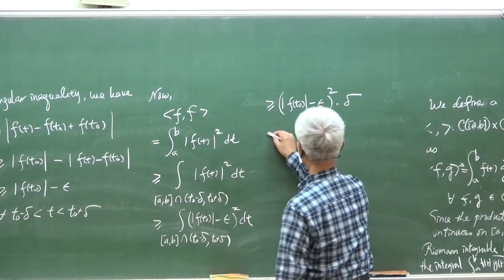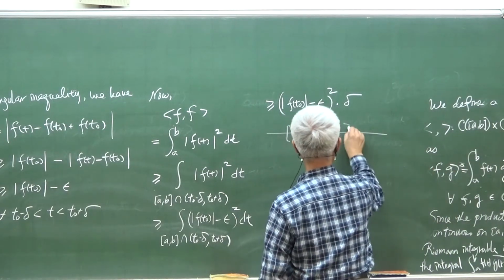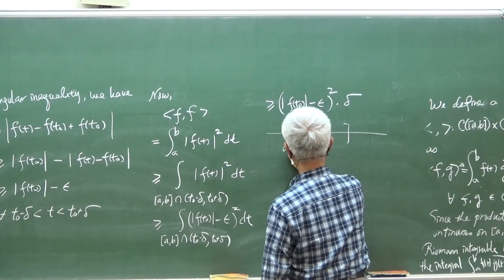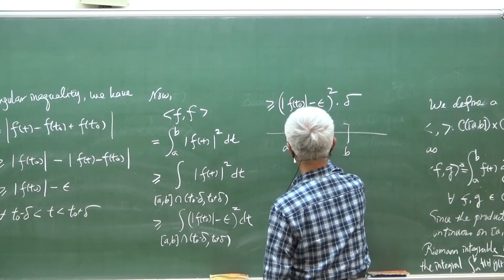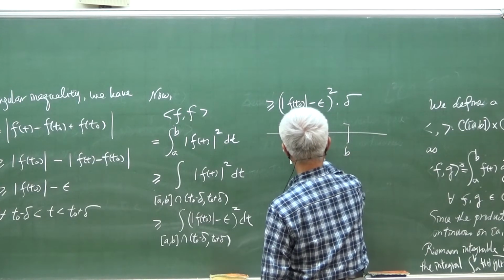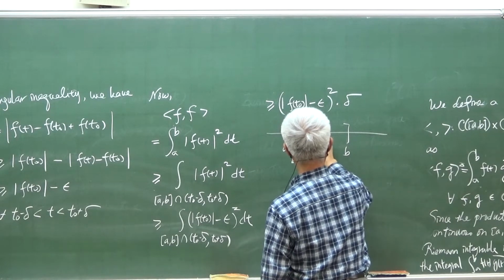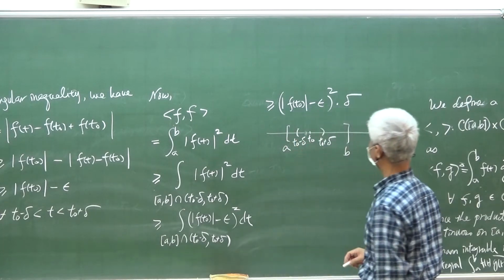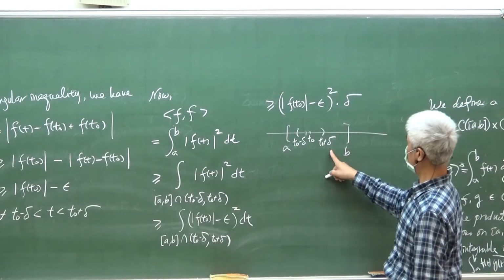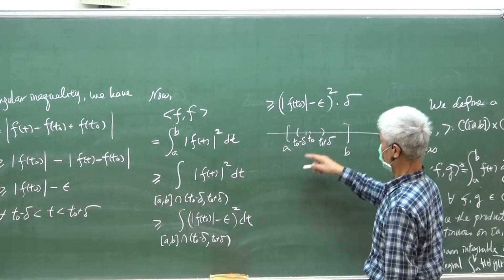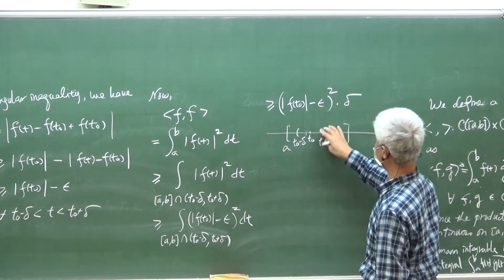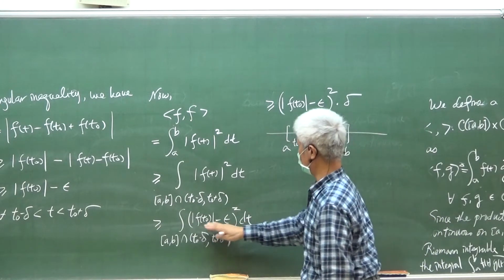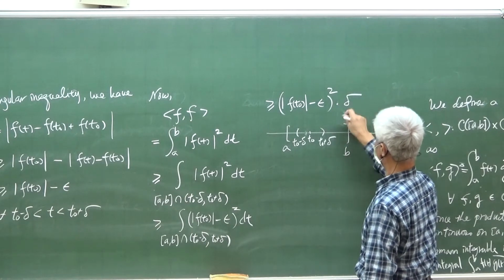Because there are three possibilities. [a, b] is here, and we have t0 minus delta, this is t0, this is t0 plus delta. In this case, the integral would be this constant times 2 delta.